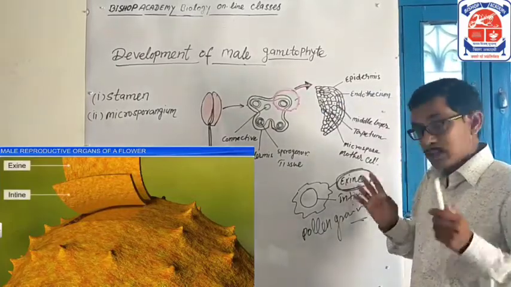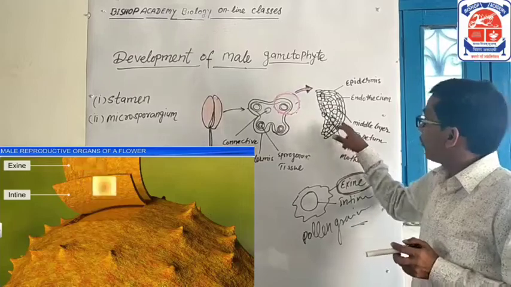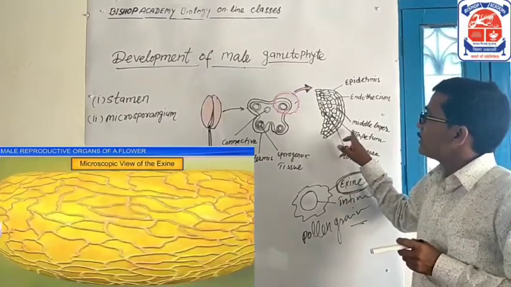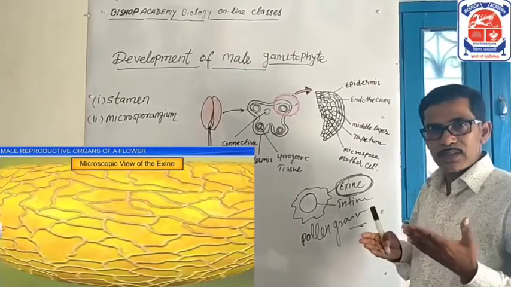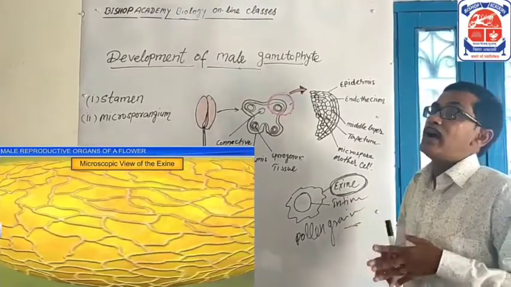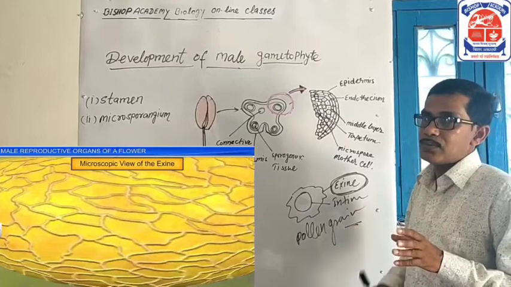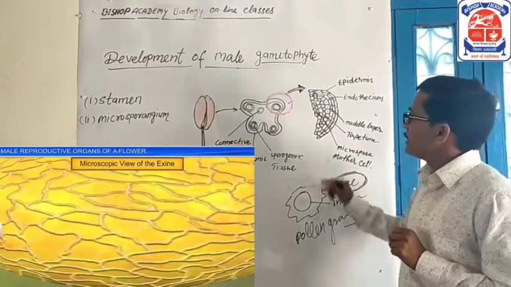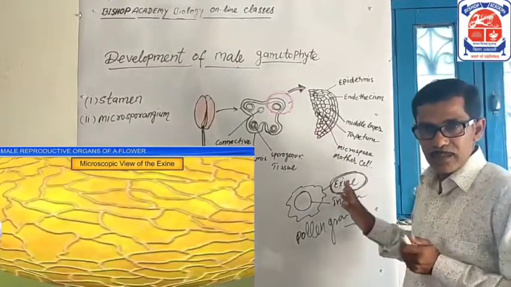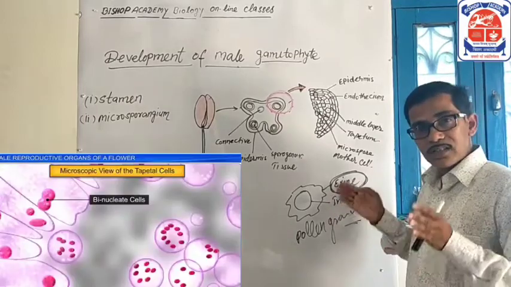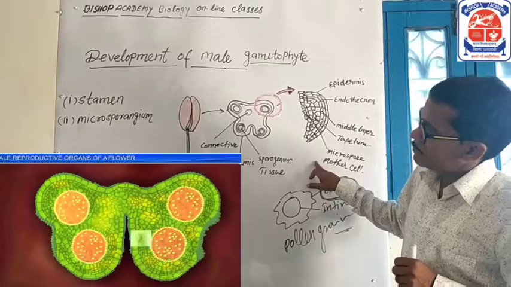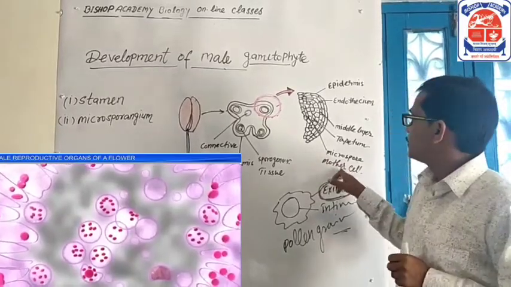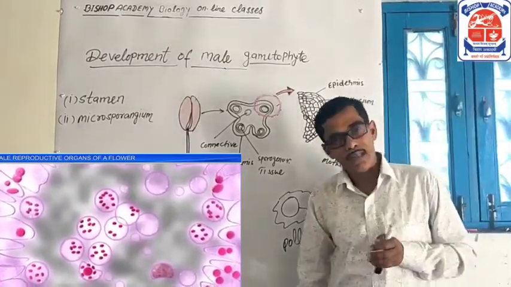The main function of the tapetum wall is that it provides all types of nourishment, all the nutrients required for the formation of microspores inside the microsporangia. And the last, central part of the microsporangia is called the microspore mother cell.